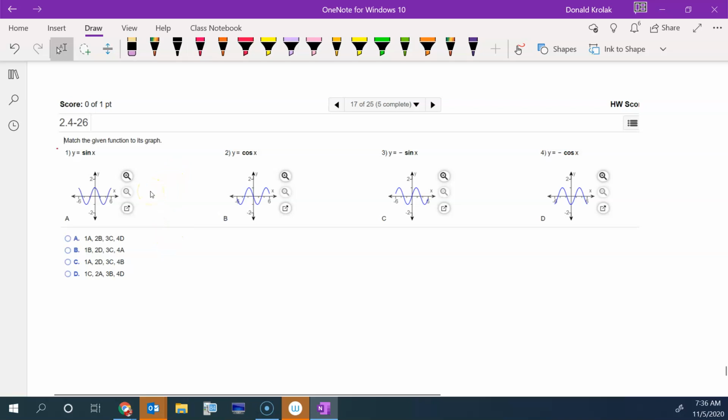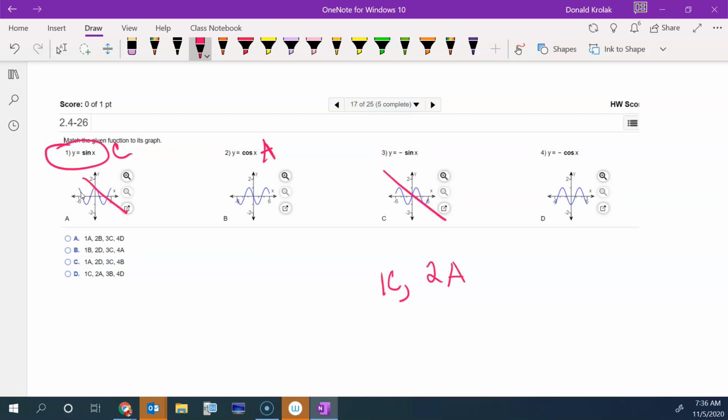And let's start with the sine here. Okay, which graph up there, Takori, is our sine graph? Sine graph is C. Okay, so we got 1 going to C. All right, and then Hector, how about the cosine? Cosine is A, that's correct. Okay, so that guy gone, that guy's gone, so 2 is A.